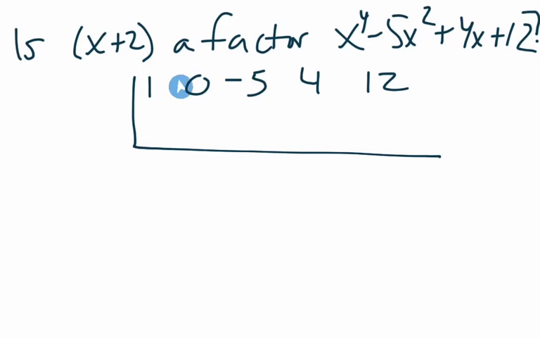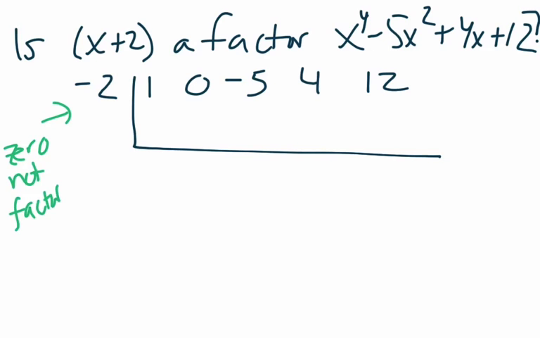And just a reminder that this polynomial goes from x to the 4th down to x squared, and you're skipping over the x to the 3rd, and you have to hold that position with the 0 there. And then you're going to flip the sign on this, because you use the 0 or the root, not the factor, okay? The root, not the factor. And then we go through drop mama.